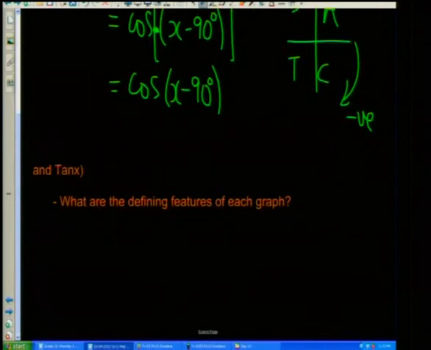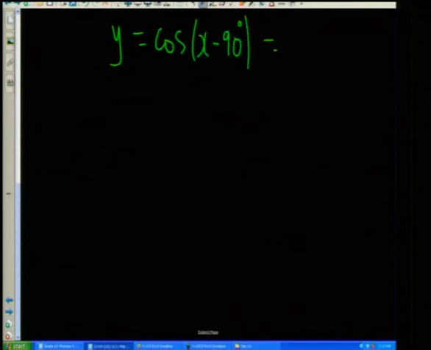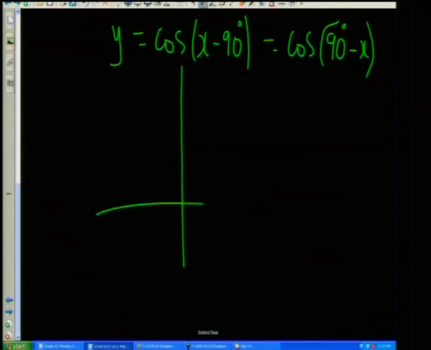I will need more space here. There is a lot of writing here. We said y is equal to cos of x minus 90. And we said it is the same as cos of 90 minus x. All right. So what we had was a cosine graph that looked like that.